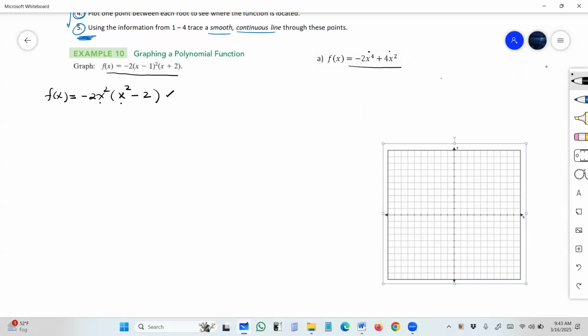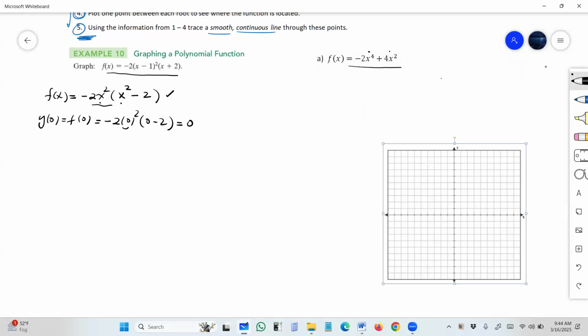Now I can find the y-intercept, which is f of 0. So replace x with 0. So this is 0 squared, 0 times -2, 0 times 0. So this is 0. So y-intercept is 0.